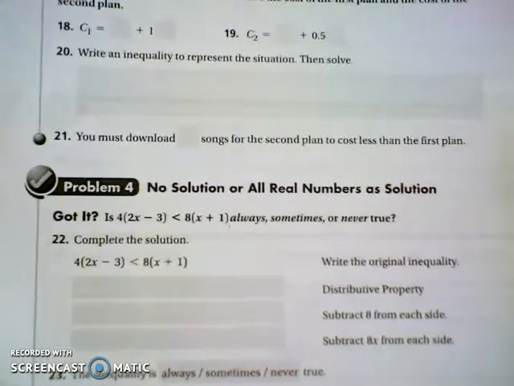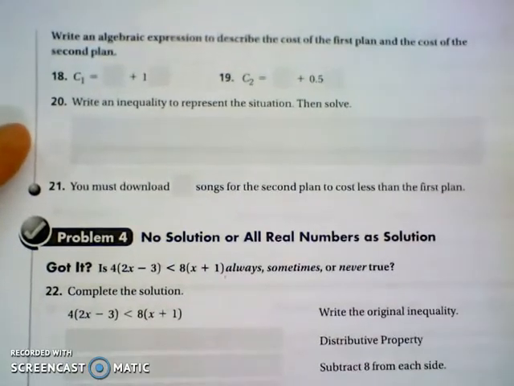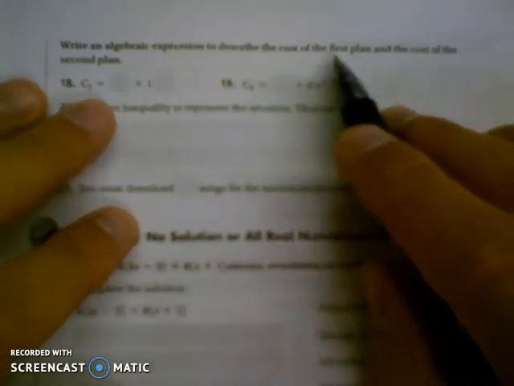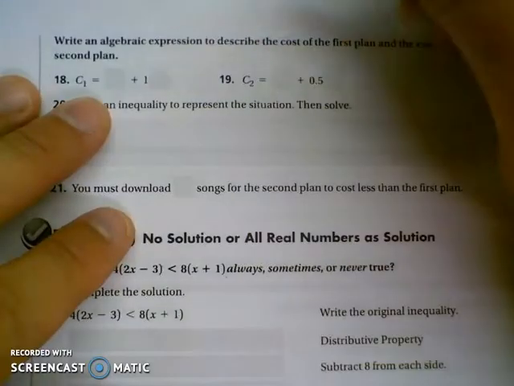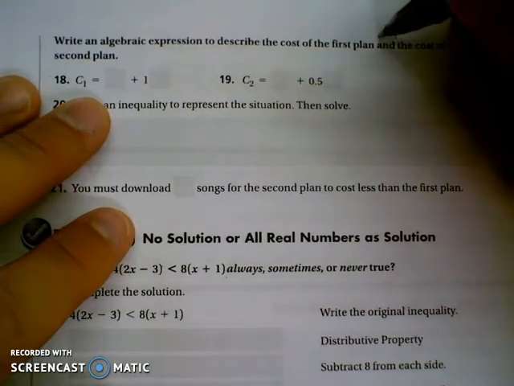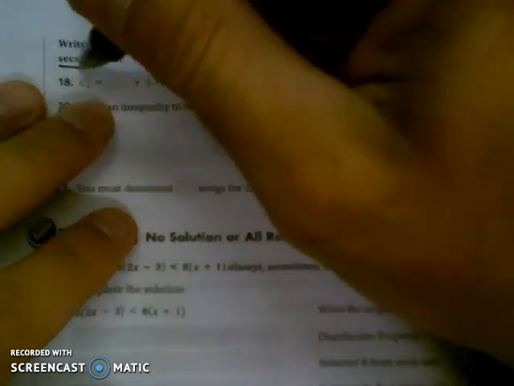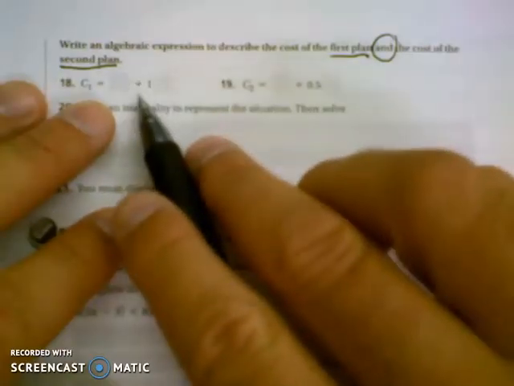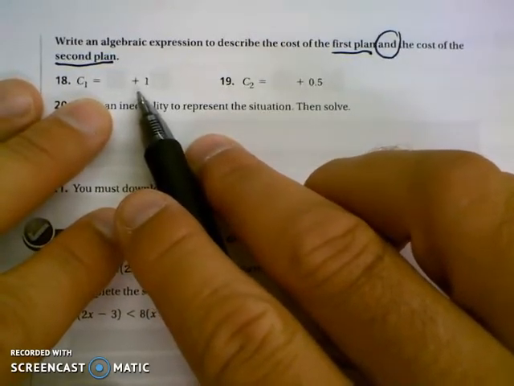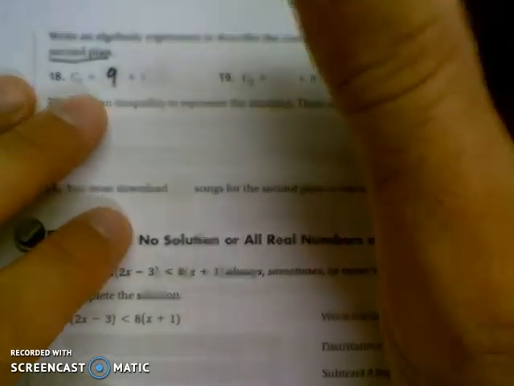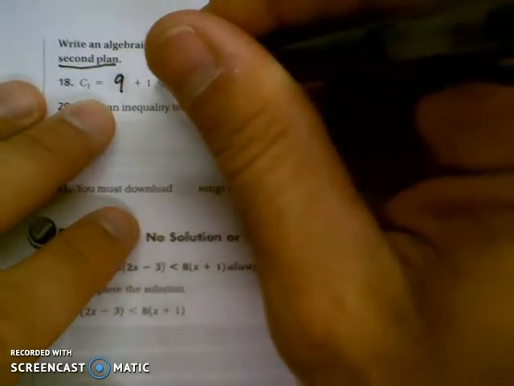So page 20, number 18, directions say write an algebraic expression to best describe the cost of the first plan and the cost of the second plan. So the word and is here. And first and second. So the word and means addition. And so number 18 is going to say C1 is 9, right, plus 1R.